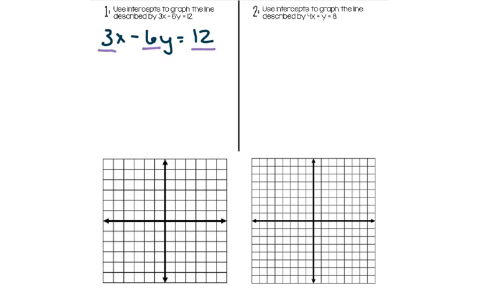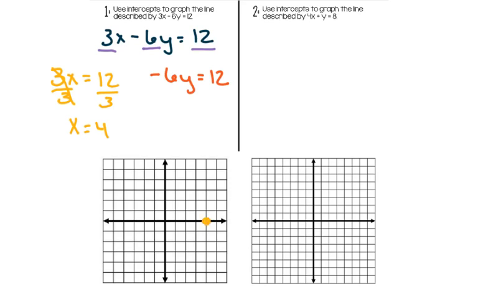So what we do is we basically split it up. So 3x equals 12 and negative 6y equals 12. So it's going to give me my x-intercept by dividing by 3. So x is 4. So that means that my x-intercept is going to cross the graph at 4.